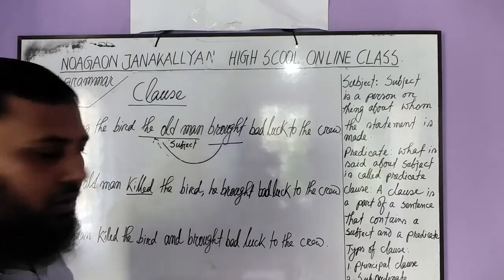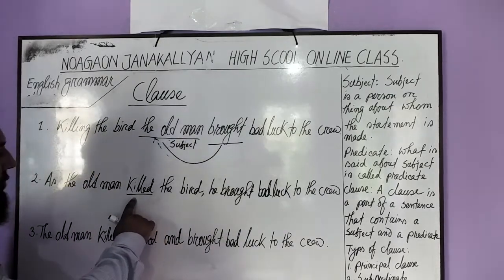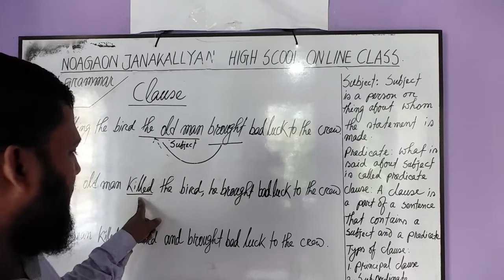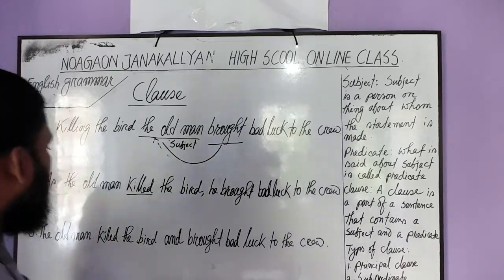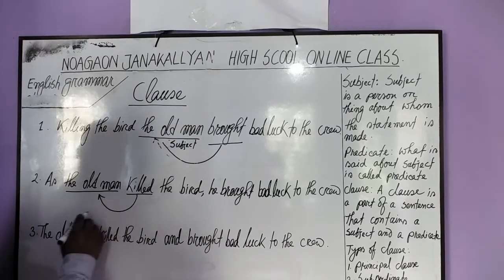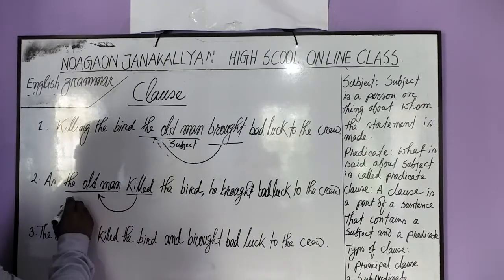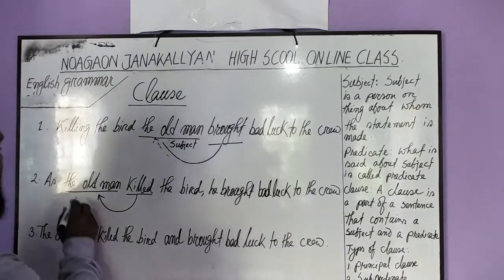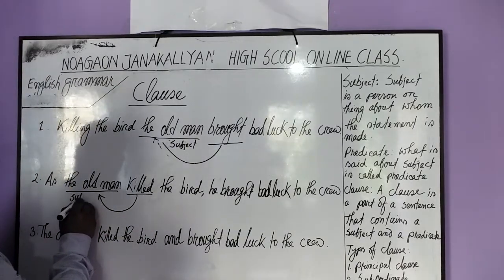Our question will be who killed? কে হত্যা করেছিল? The answer will come to us, the old man. The old man killed. So the old man is the subject of this part.